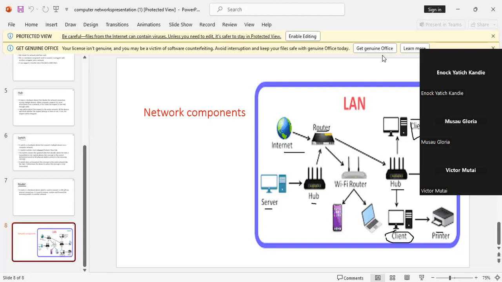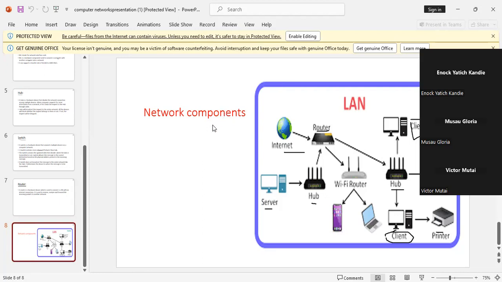Don't copy, please, because I would know, and you definitely get a 0. So I want you to write it down. Discuss the advantages and the disadvantages of a router.